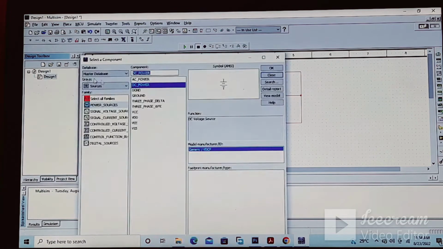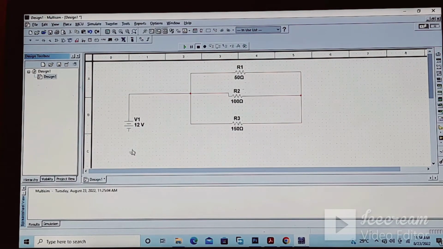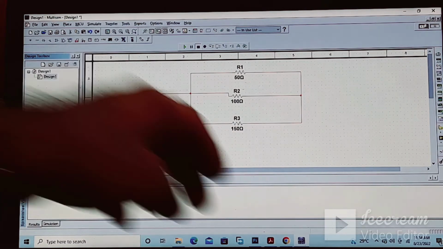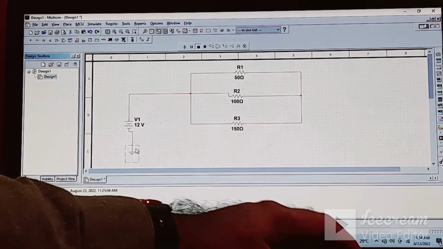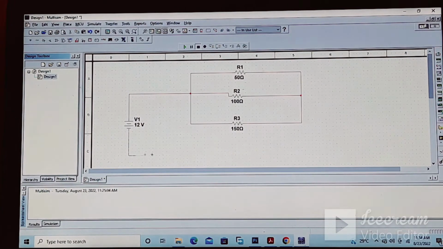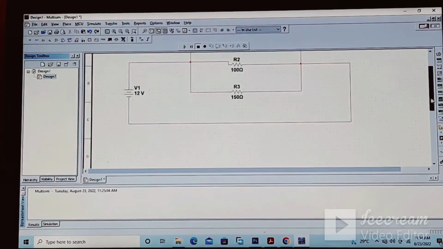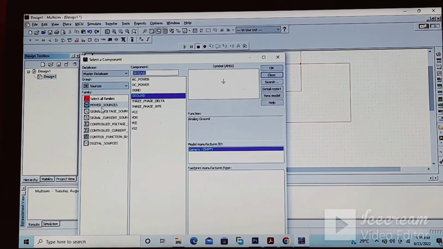So take the ground, so this is the ground we are going to connect.